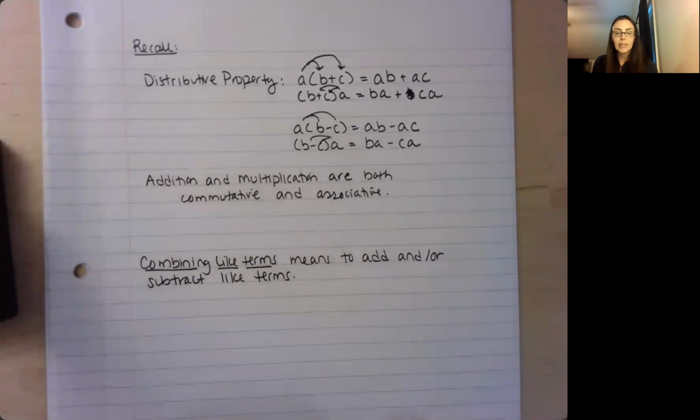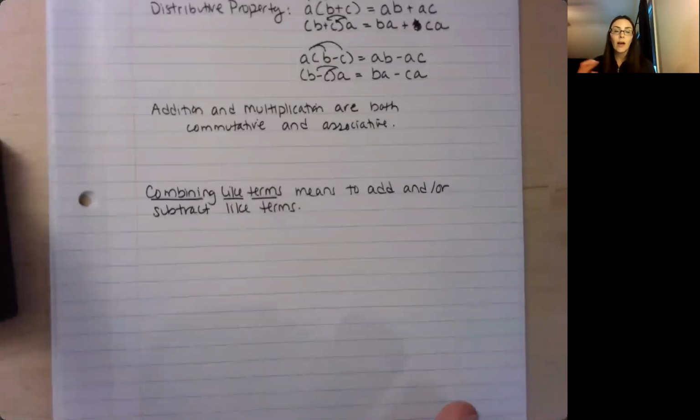So when you hear the phrase combining like terms, we often use that in exchange for saying adding or subtracting like terms. So if someone says to you, or an example says, hey, combine those like terms, it just means to add or subtract them, whatever the problem indicates.